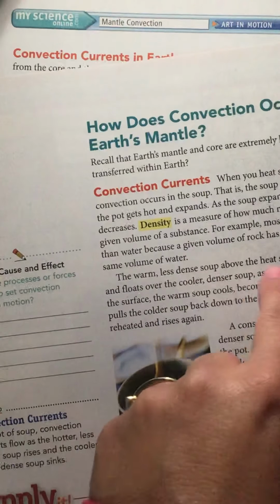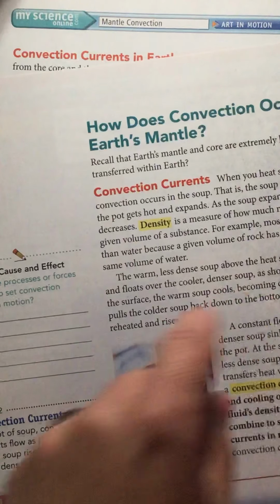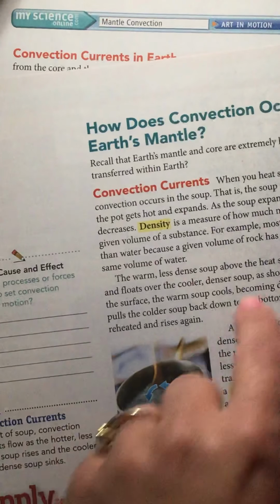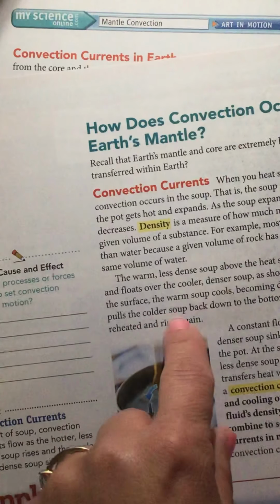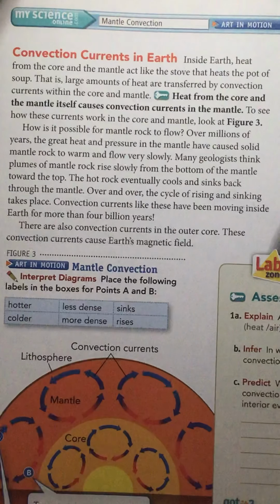Less dense moves upward, and cooler, dense becomes the warmer soup. Gravity pulls the cold soup back down. So you can fill those in on there if you want to look back. To see how these currents work in the core and the mantle, look at figure 3, which is what we're looking at on the bottom of this page.